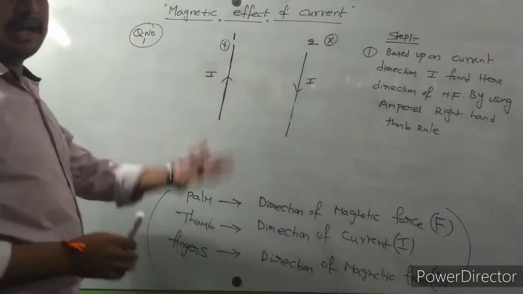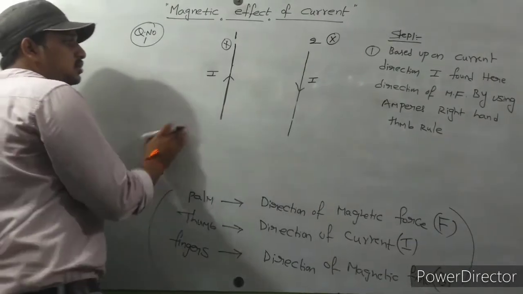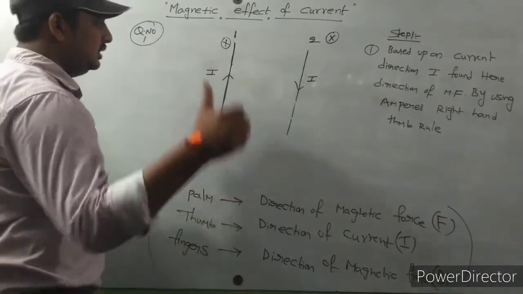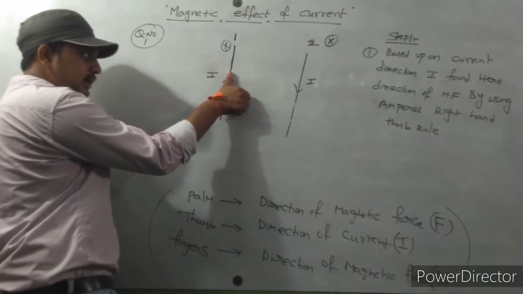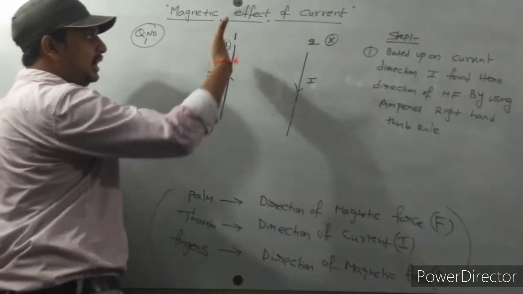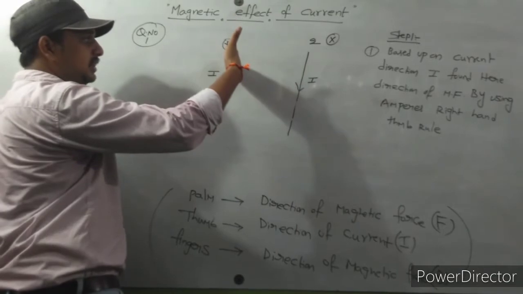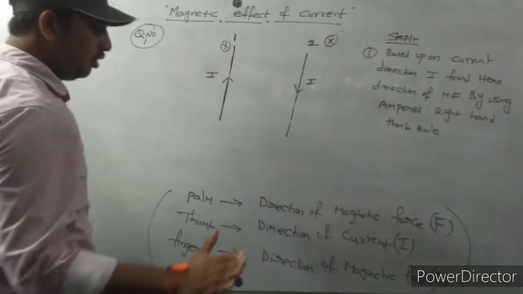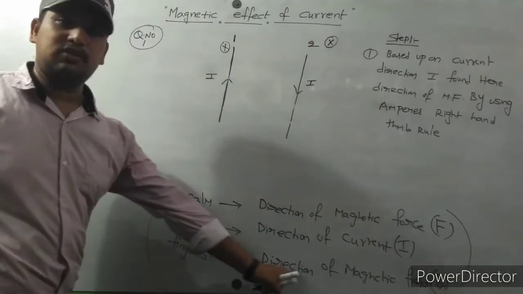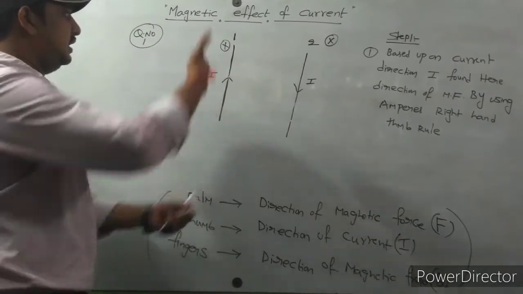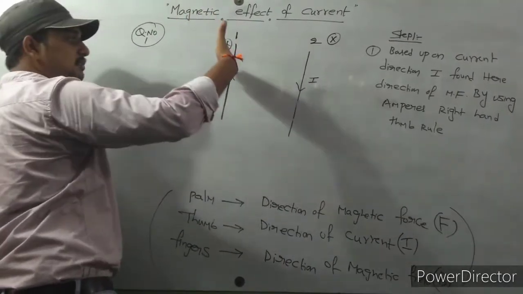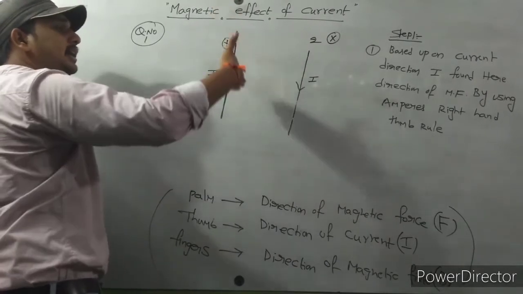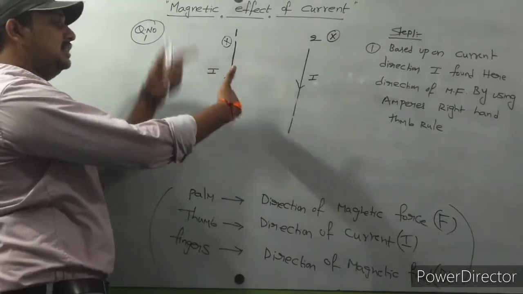Now how are the forces acting? Observe carefully. Here the thumb indicates the direction of current. The fingers indicate the direction of magnetic field. The magnetic field is into the face. Into the face means we indicate like this. The thumb indicates the upward direction because the current direction is upward.